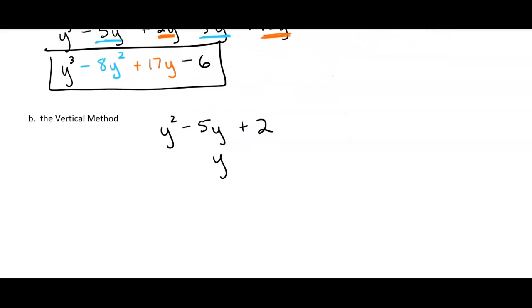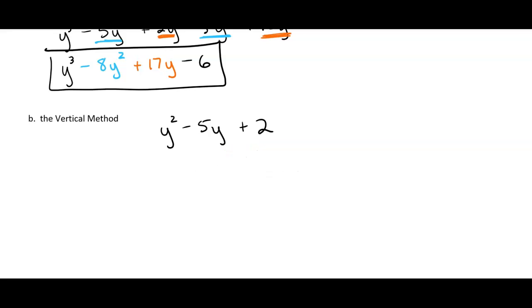So when I multiply, and when I did the vertical method on the last video, I started on the right. You can start on the right. So it's going to be y, oh no, let me start with the negative 3. We're going to do that, but let me fix this up so it'll look nice.